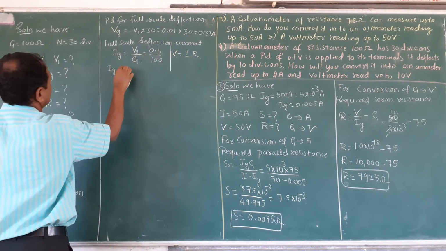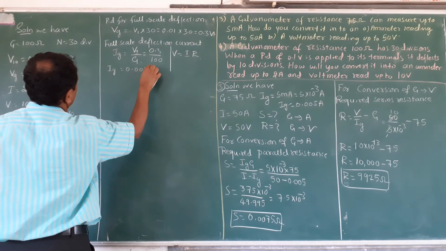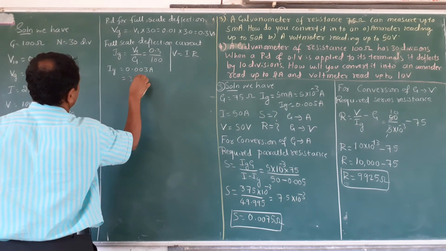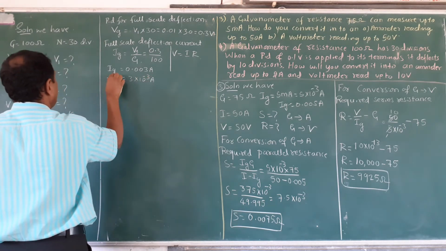I is 0.003 ampere, which is nothing but 3 into 10 to the power of minus 3 ampere.